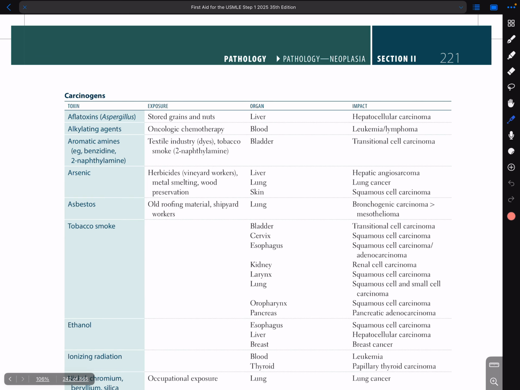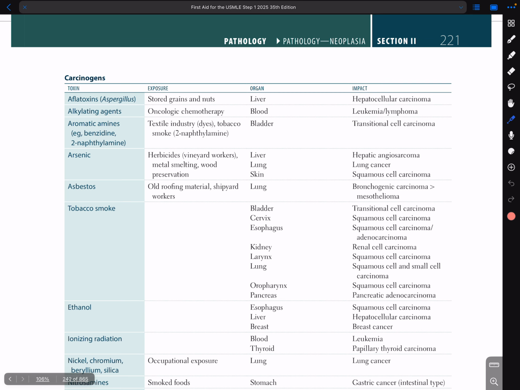Next, carcinogens. Carcinogens are toxins that you can get exposure to through environmental products, and they affect specific organs and cause cancers. Aflatoxin is found in Aspergillus, in stored grains and nuts. The affected organ is the liver, causing hepatocellular carcinoma.